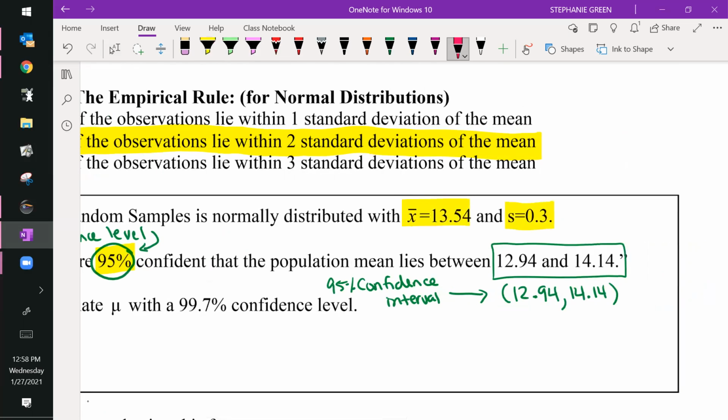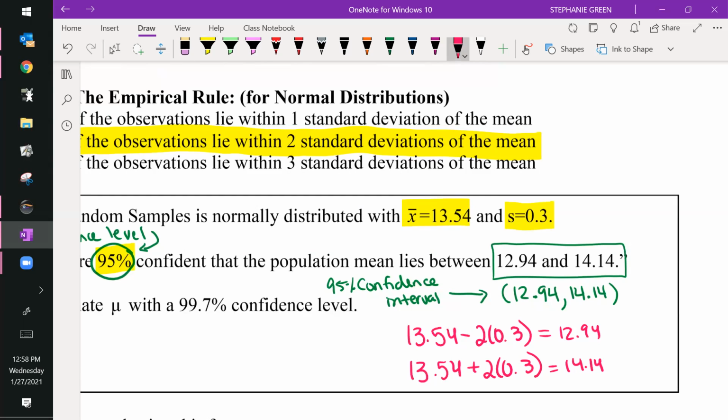So if I take my mean, 13.54, and subtract 2 standard deviations, and then take my mean and add 2 standard deviations, we'll get the boundaries of that 95% confidence interval, which gives us 12.94 and 14.14.